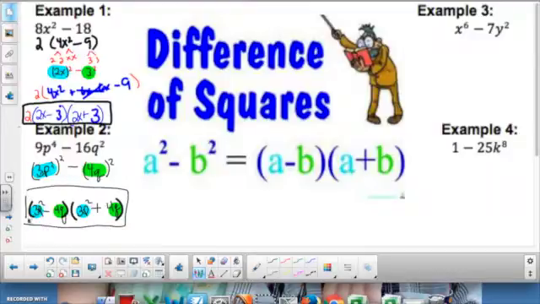Again, just to help you check yourself, 3p squared times 3p squared is going to be 9p to the 4th. 3p squared times 4q is going to be positive 12p squared q. Negative 4q times 3p squared is going to be negative 12p squared times q.